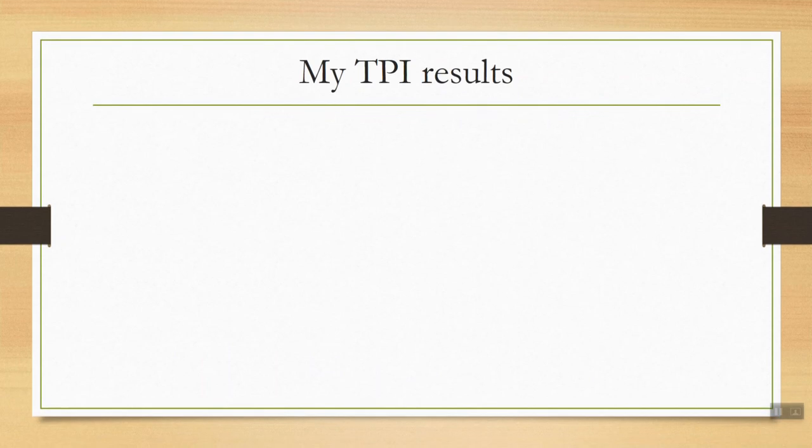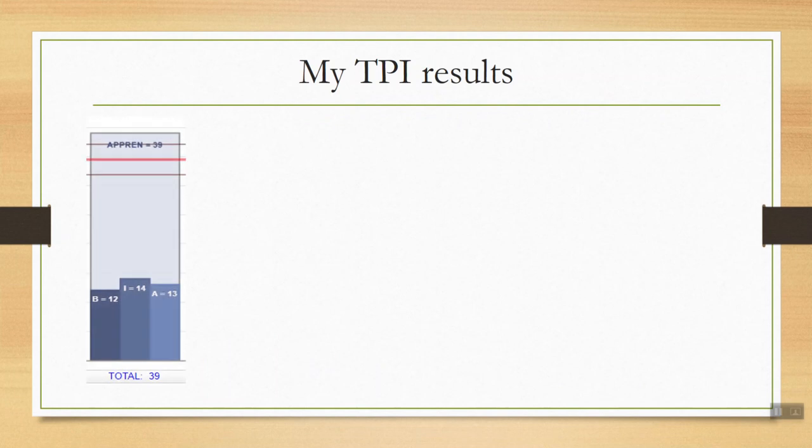Now, my TPI results, what I attempted here is to break these down. So my dominant perspective, as we mentioned previously, is the apprenticeship. And the breakdown of this would be BIA, where B refers to my belief, which is 12, the I for intention, and the A, my actions, what I usually do.